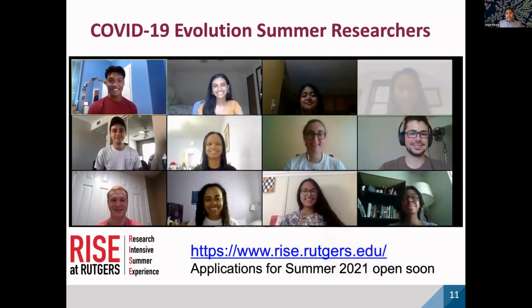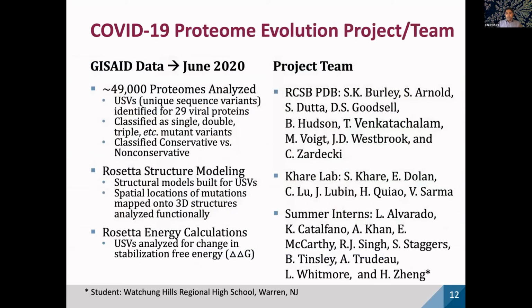And then we had a group of undergraduates and a very talented high school student who joined us for the rest of the summer to perform analysis of how the viral proteome is changing. For about a month and a half, we worked together and analyzed about 50,000 proteomes. So we obtained these data from GISAID. We analyzed 50,000 proteomes.